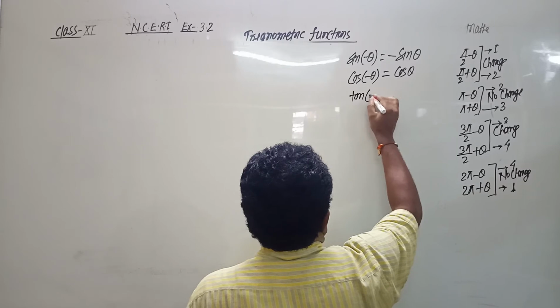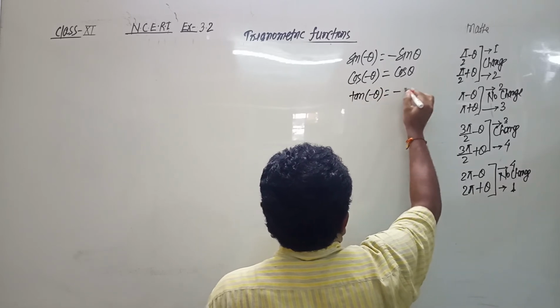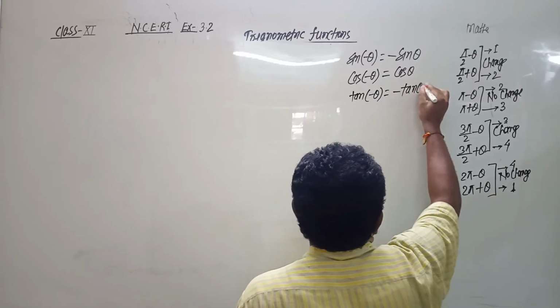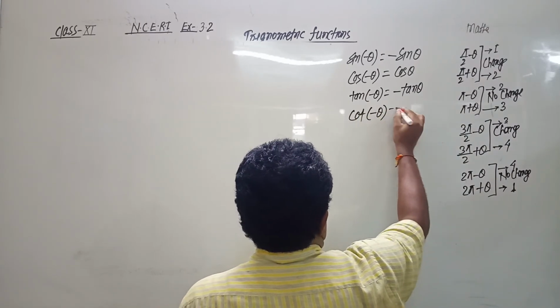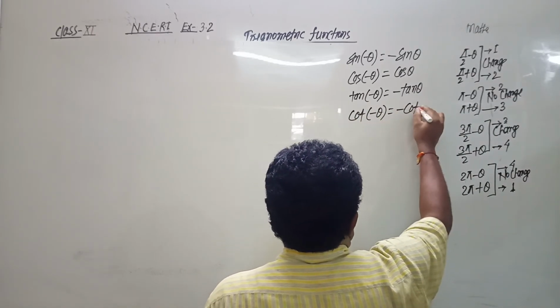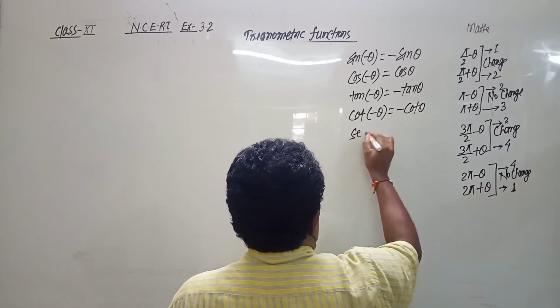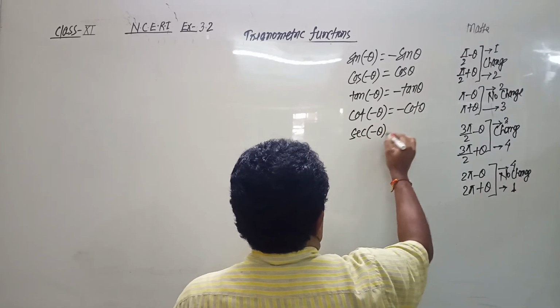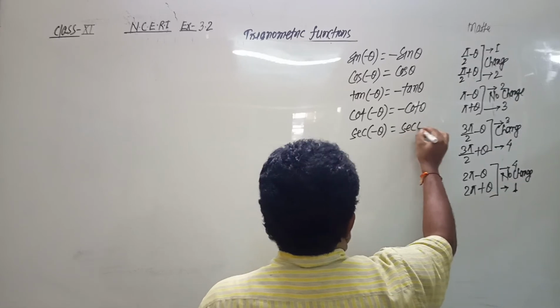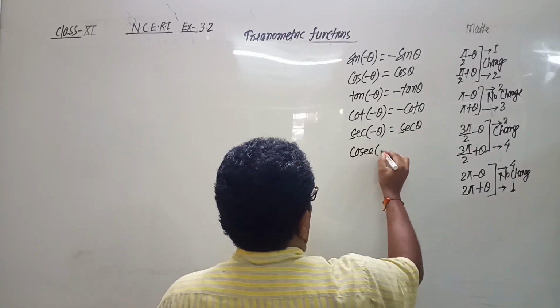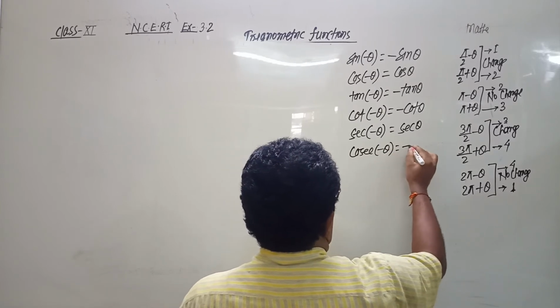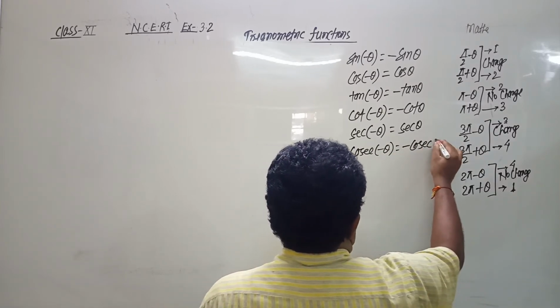Tan of minus theta equals minus tan theta. Cot of minus theta equals minus cot theta. Sec of minus theta equals plus sec theta, and cosec of minus theta equals minus cosec theta.